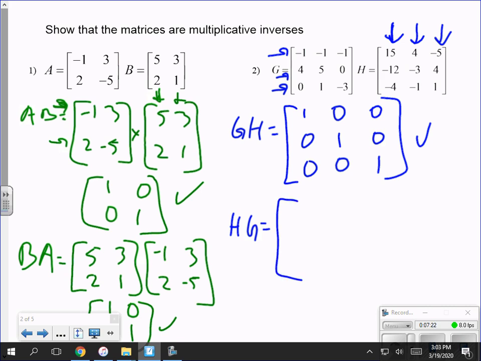So I do H times G, which means I'm doing the exact opposite. I am doing these rows times these columns. So 15, 4, and -5 times -1, 4, and 0.